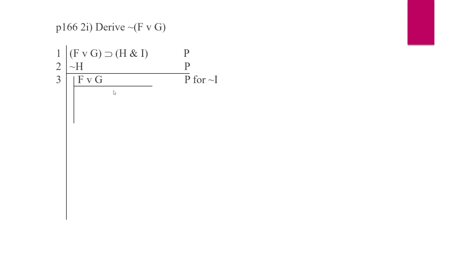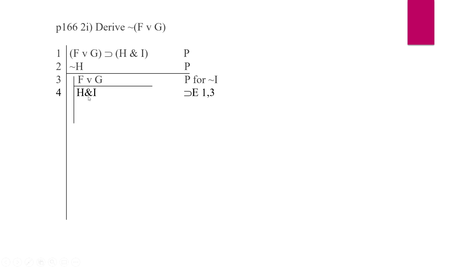And now we need to try to get a contradiction. The first thing I'm going to do is use conditional elimination, right? F or G is the antecedent that I have here on that conditional on line 1. So I can get the consequent H and I via conditional elimination from 1 and 3.